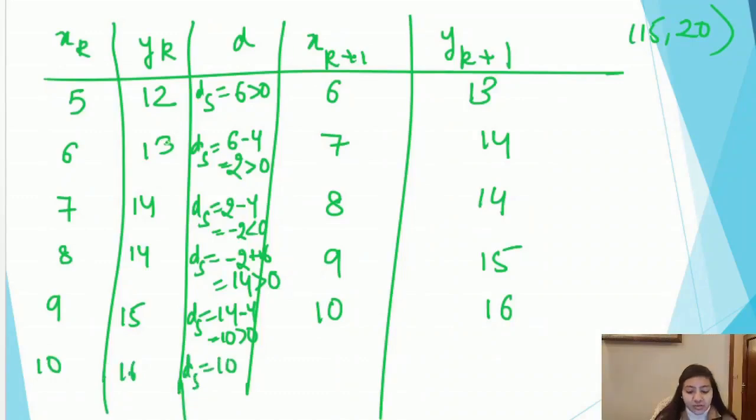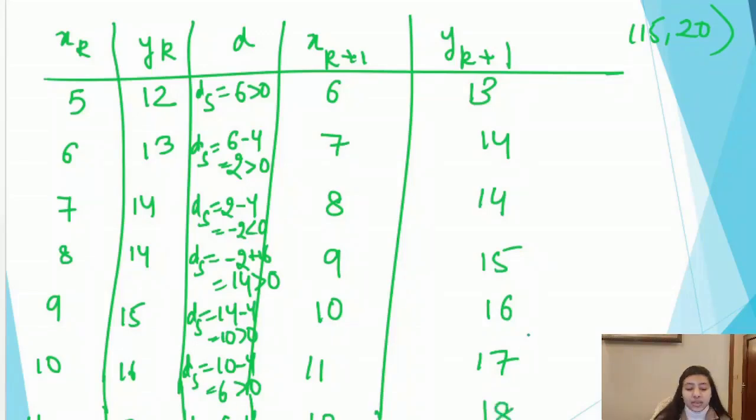Since we have chosen the northeast pixel, we will subtract 4, which comes out to be 6. Again, the value is greater than 0, so increment x and increment y. This is 11, 17. New value of d, 6 minus 4, is 2. Again, the value is greater than 0, so increment x and increment y.